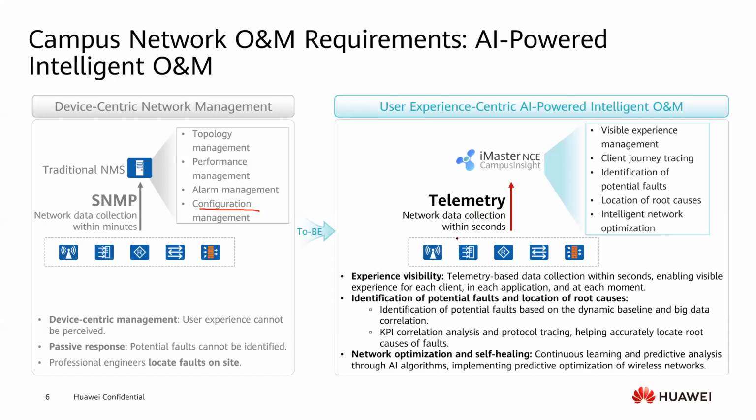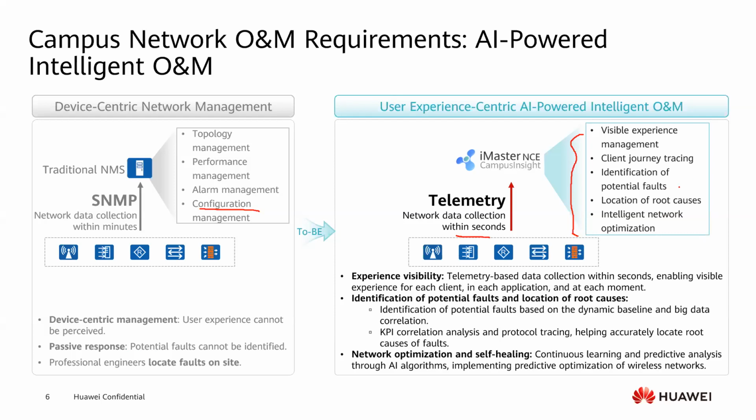It can collect network data within seconds, and brings functions like visibility of the experience, identifying potential faults and locating the root cause. It also gives you suggestions on how to optimize the network.